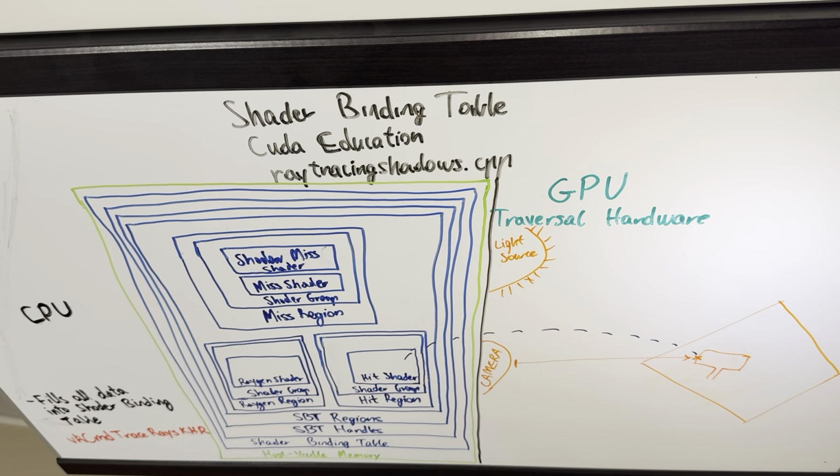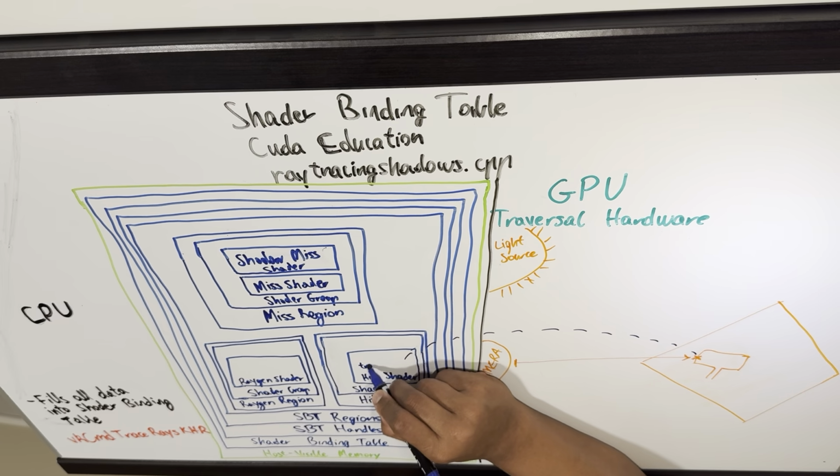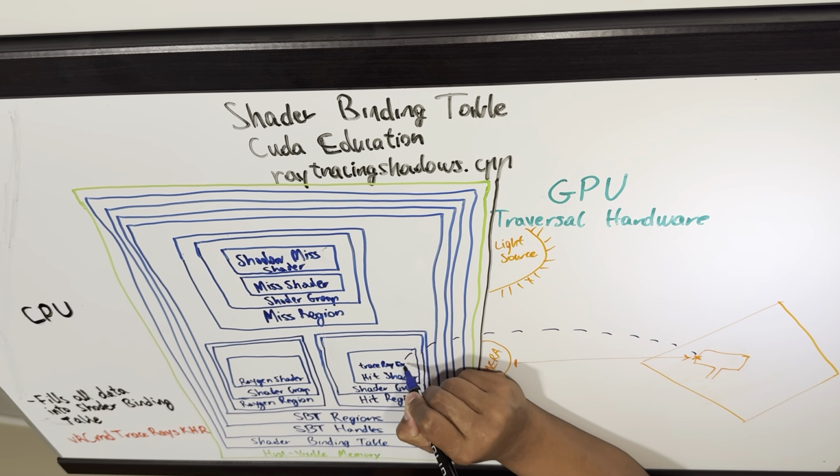In the hit shader, remember, we have a call called, where is it? Trace ray ext.